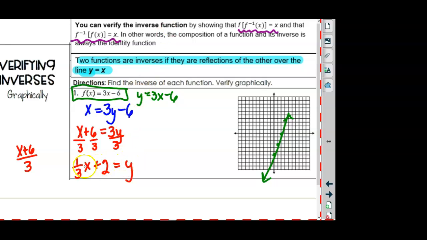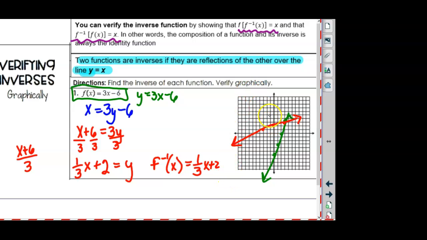All right, and then we got this inverse function. The inverse is 1/3 x plus 2. So if I started up here at 2, it would go up 1 and over 3, or down 1 and back 3, and it should look like this. If those are correct, every one of the ordered pairs should have flip-flopped.